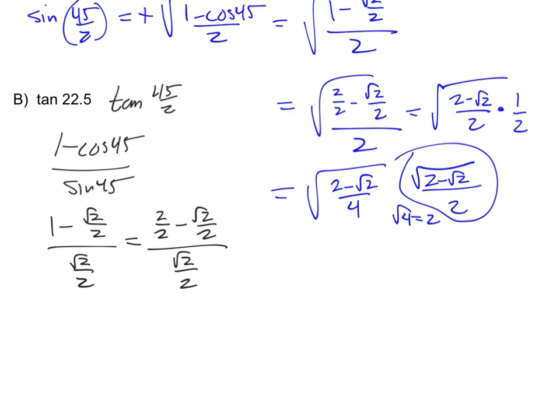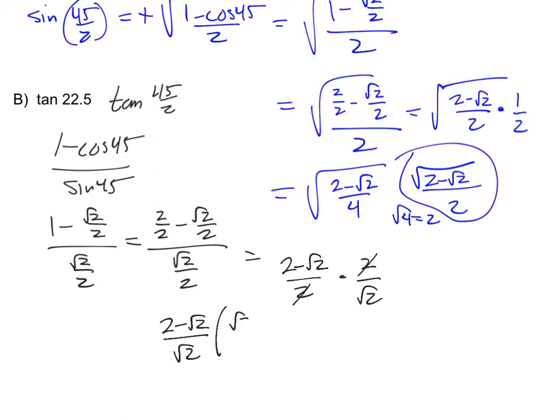So now, times 2 over square root of 2. So that cancels. You're left with 2 minus square root of 2 over square root of 2. Multiply both the top and bottom by square root of 2, and look what happens. On the top, I get 2 square root of 2 minus 2 all over 2.